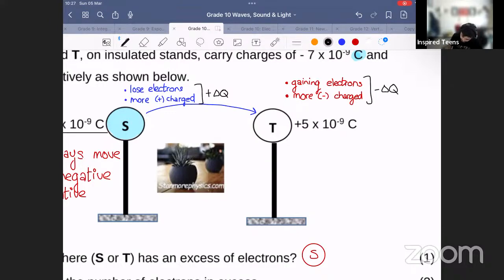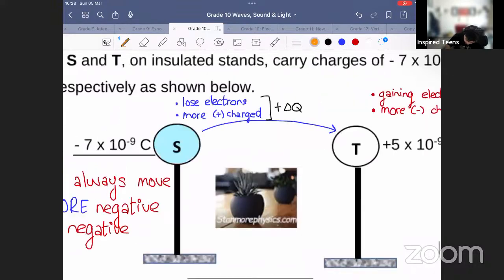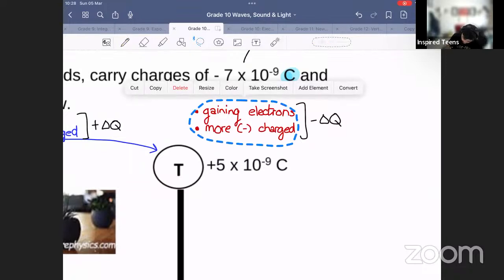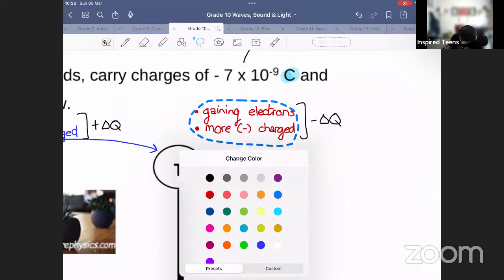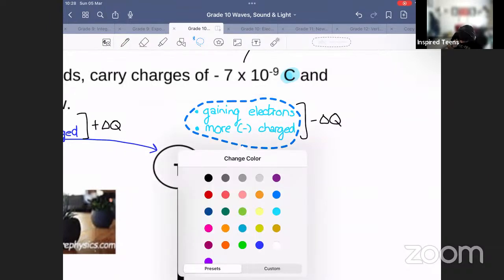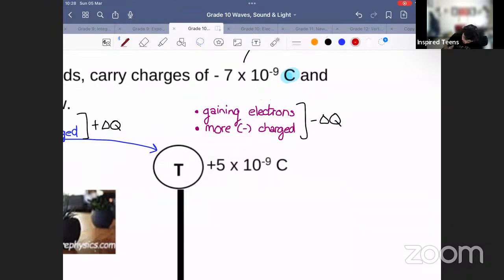What can we say? Remember, this is true for the more negative one. And this is true for the less negative one.